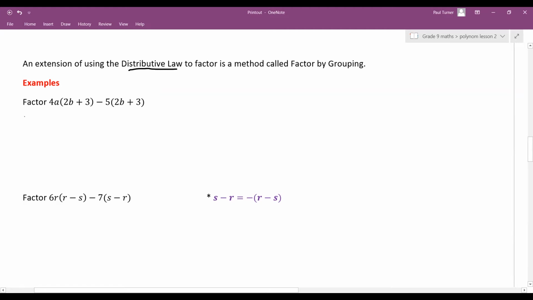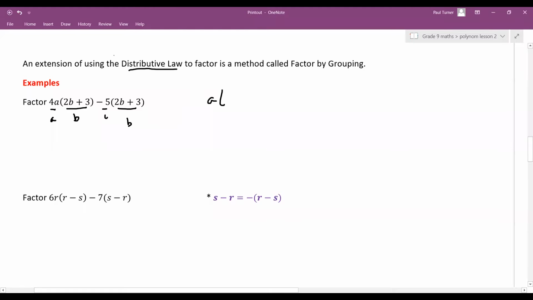So for example, look at this method here. Look what we have, this question. We have 4a something, 5 something. So I could rewrite that as A, where A is 4a. B is this part, C is the 5 or minus 5, and B is the 2b plus 3.